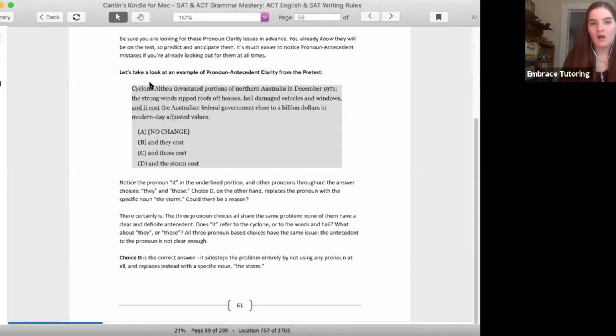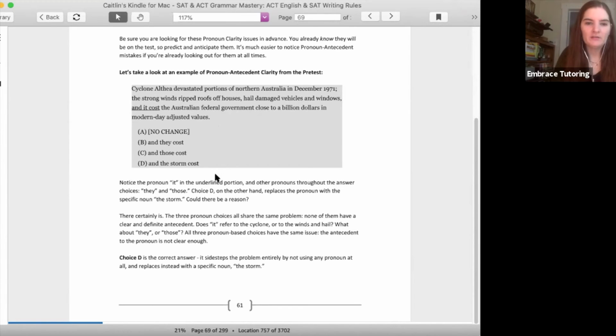And then we have a second independent clause that is very long that we're focused on. So they are inserting "the strong winds ripped roofs off houses, hail damaged vehicles and windows, and blank the Australian federal government close to $1 billion in modern day adjusted values." So we have a list going on, just like our discussion of parallel structure.